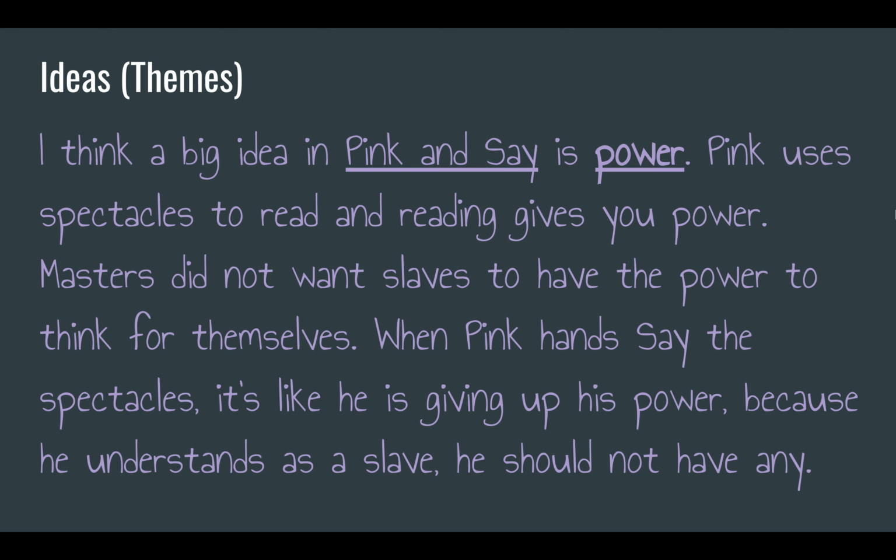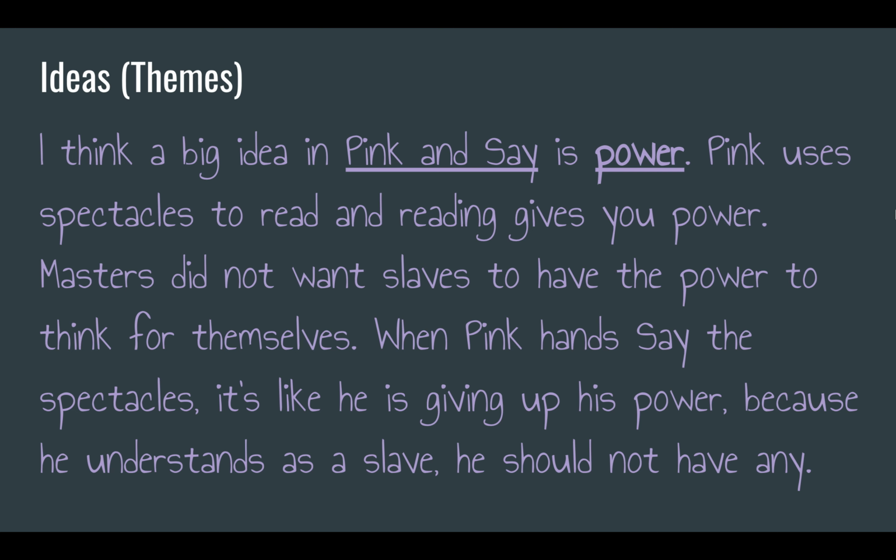So, thinking about a big idea or a theme, I'm going to take what I've done as I've read through the text. I've thought of places where there might be some big ideas, and I'm going to sum it up with one main big idea. There is probably more. In fact, I know there are more than just this one in this book.